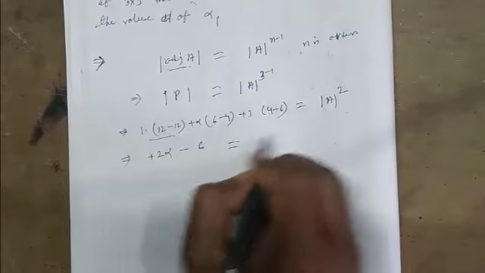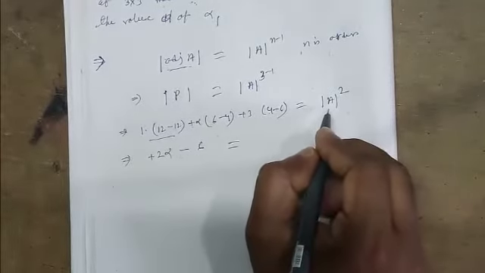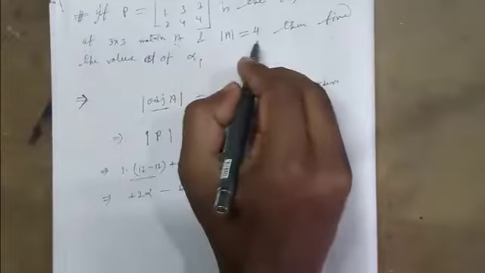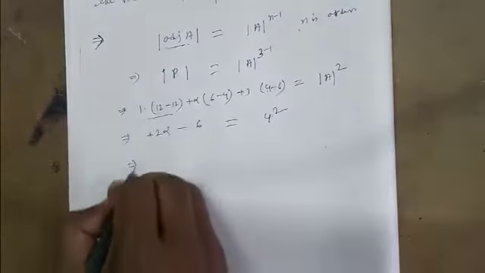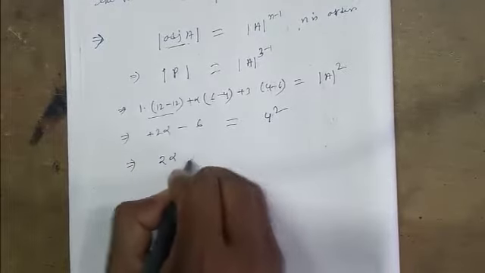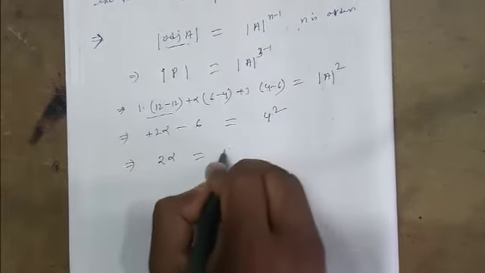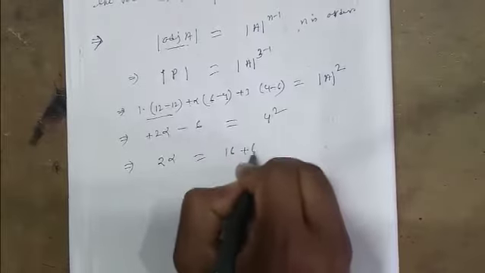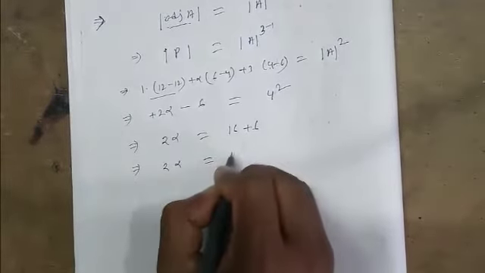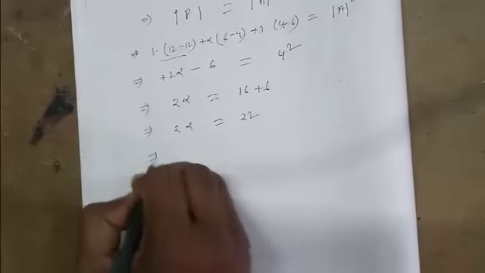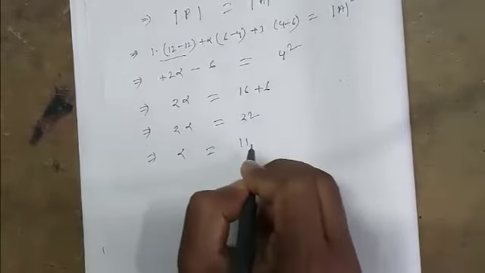And it is given that det A equals 4, that means 4 to the power 2. Clear? That means 2 alpha minus 6 equals 4 to the power 2, that means 16, so 2 alpha equals 22, which implies alpha equals 11.